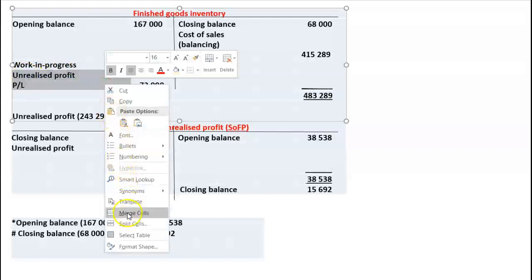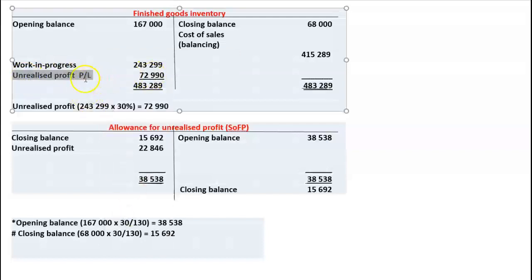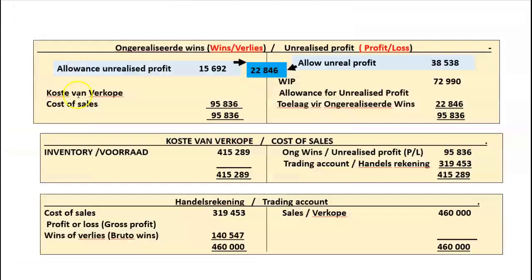There you are. So, not our allowance for unrealized profit account. That is a completely different account, which I'm going to talk about now. That 72,990 is going to go to the unrealized profit and loss account. So here's our unrealized profit and loss account.